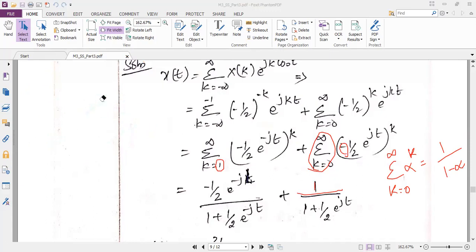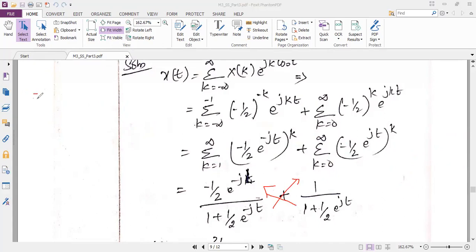So have you all completed up to this step? Yes, ma'am. So now the next work is we need to just cross multiply, because we are taking the LCM. We need to simplify the answer; we should not leave it as it is.